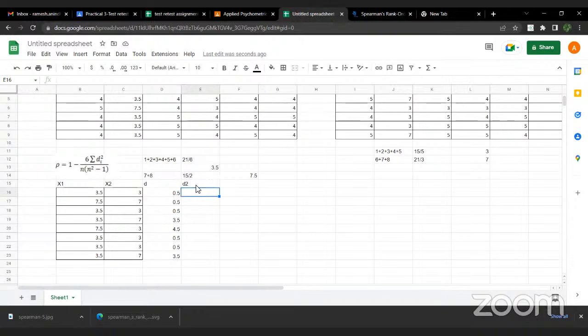Here D2 indicates D square because I'm unable to put the superscript there. We're just going to assume it's D square. So can you help me out here? 0.25, 0.25, 0.25, 0.25.